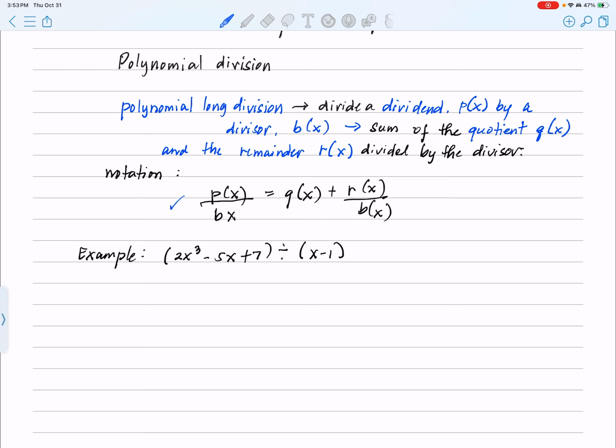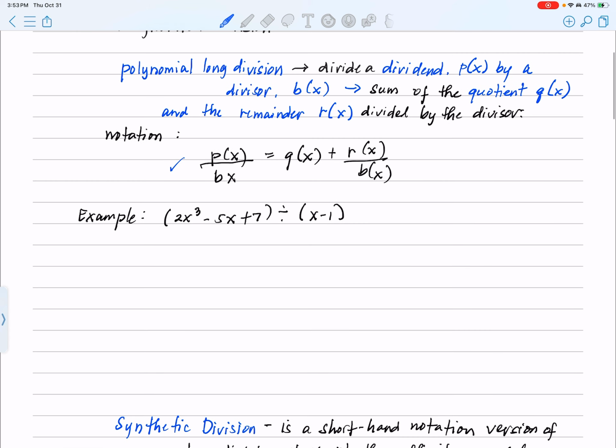Let's see this in terms of numbers, not just notation. For example, you have 2x to the third power minus 5x plus 7 divided by x minus 1. Before doing long division, be sure you check the terms of the divisor and the dividend.